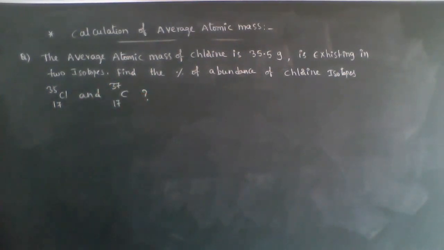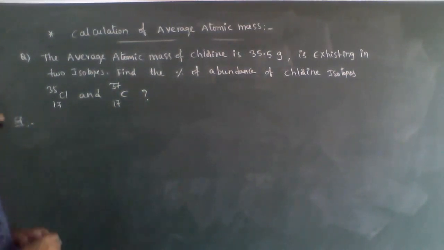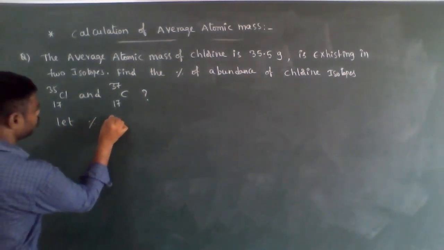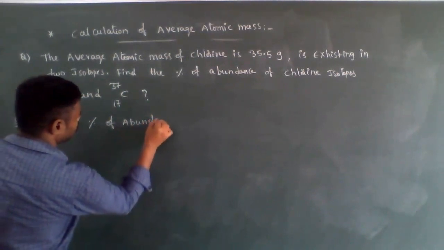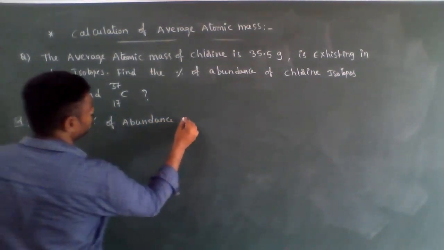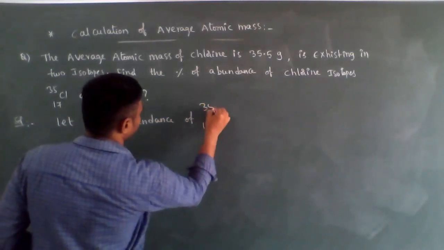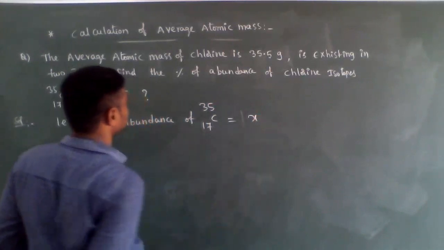This is the problem. See, reverse. For this, the total abundance is 100%. Out of that 100%, let the percentage of abundance of chlorine 17-35 be X percentage.